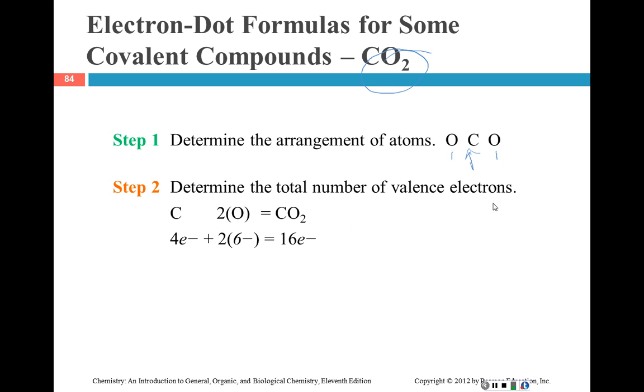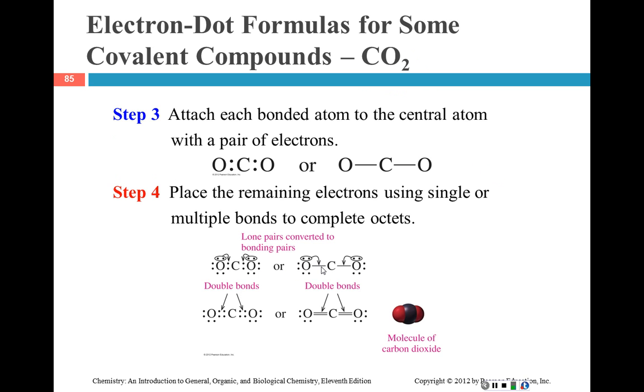You determine the total number of valence electrons, and the way you do that is you have 6 valence electrons in your oxygen, and you have 2 of those, so 2 times 6 is 12, and you have 4 valence electrons in your carbon, and so that gives you a total of 16. Then you attach each pair to the central atom. So you have carbon in the middle, and then you share one pair with each of your oxygens.